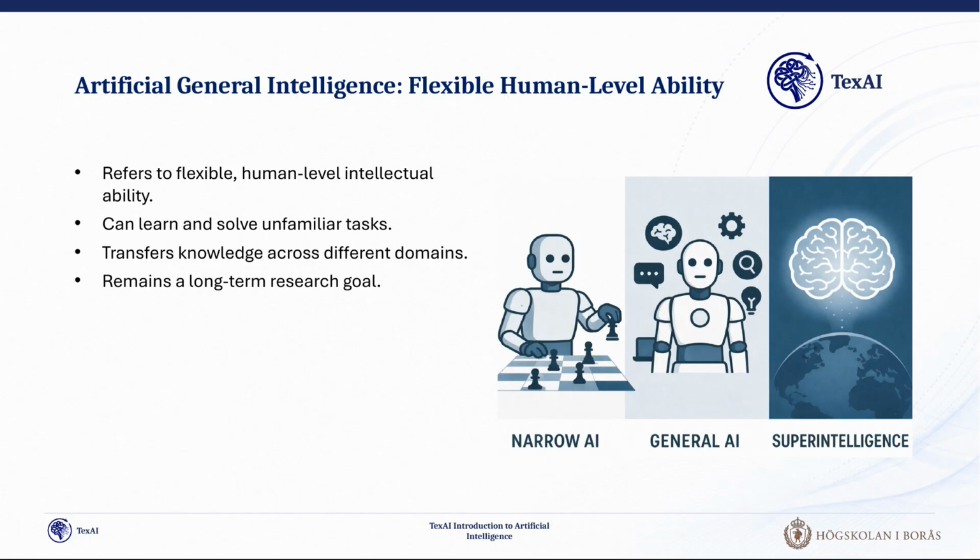This is different from today's narrow systems, which usually need a clearly defined task and a specific context. Artificial general intelligence would instead be closer to human cognitive ability, because it could transfer knowledge from one area to another. At present, artificial general intelligence remains a long-term goal rather than an established technology.